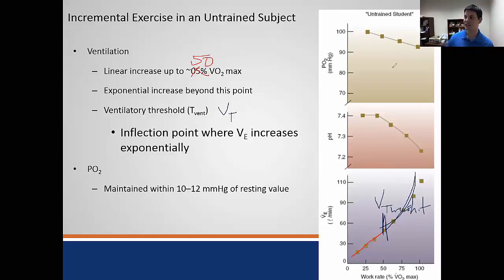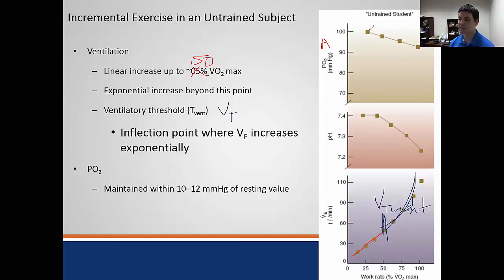If we look at partial pressure of oxygen in the arteries, again, this is arterial PO2, you'll notice that for the most part, arterial PO2 in an untrained individual will remain relatively constant.